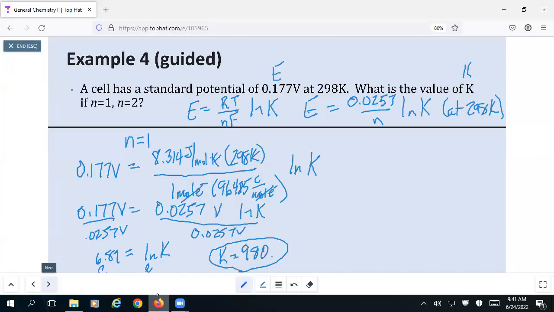So not surprisingly here, a spontaneous reaction is going to have a relatively large equilibrium constant.